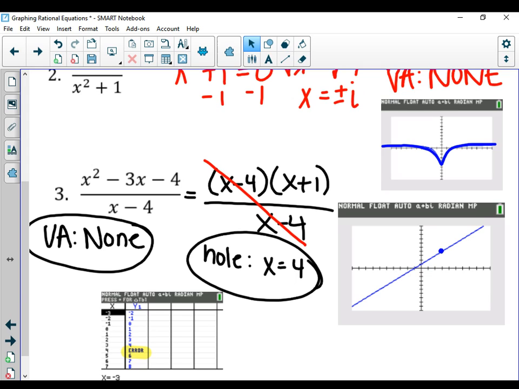Because technically, once you simplify this, like we've been doing the past couple of days, you're left with just this. So when you graph just this, you get a line. But still from the original problem, you have a domain restriction. That's why I had y'all, on every single one of those problems, tell me what cancels. You had to tell me what x can't be because it's still a domain restriction.